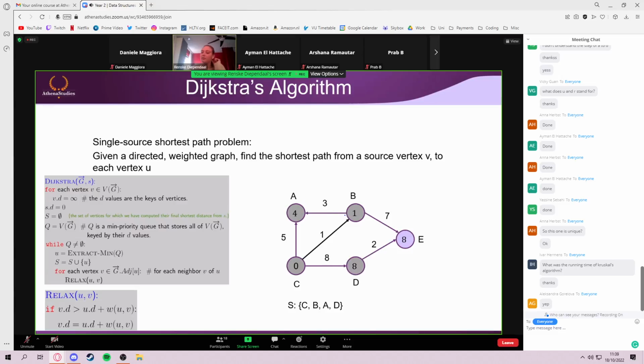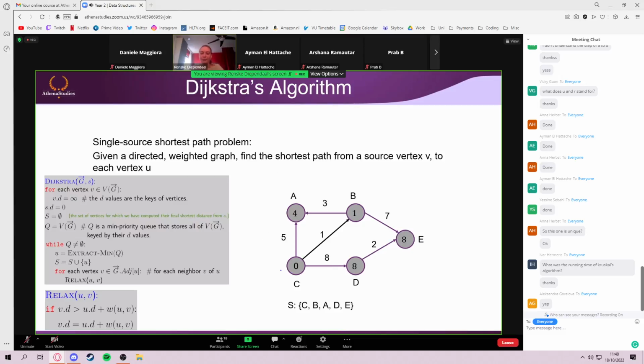So let's start with this one, the D, and we try to update any edges around as well. So now we have an outgoing edge to this one, so we can see if we can update this. We had a score of 8, and now we can go from 8 plus 2 is 10. But 10 is larger than 8, so we just keep it at 8. And then we visit this one as well, and we have visited them all.